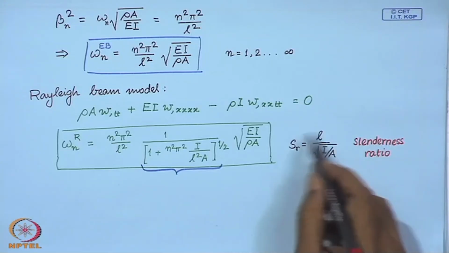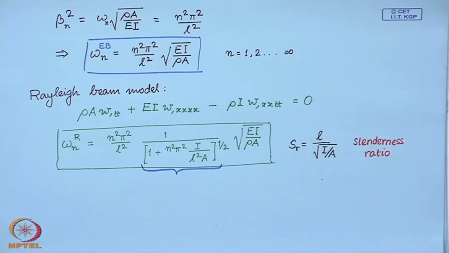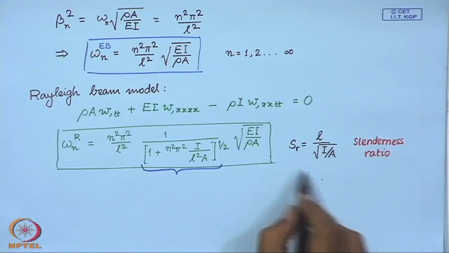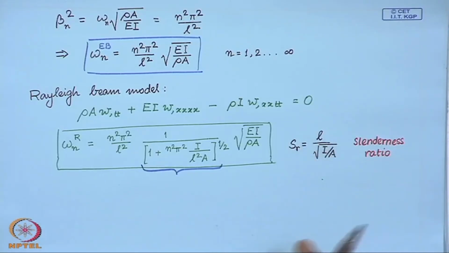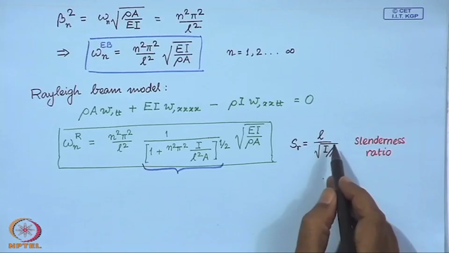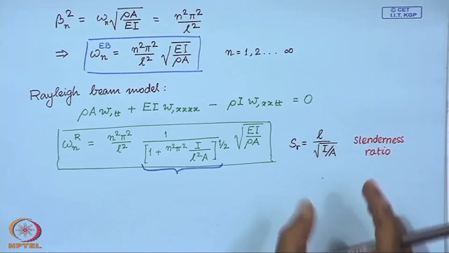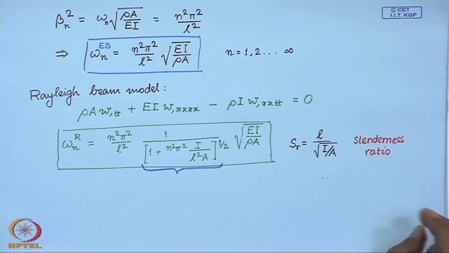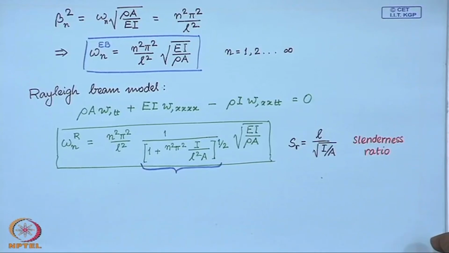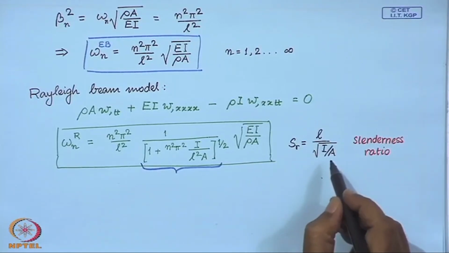So, it indicates how slender the beam is. So, if slenderness ratio is very high, which means the beam is actually very slender, so the length is much larger than the dimensions of its cross sectional area.